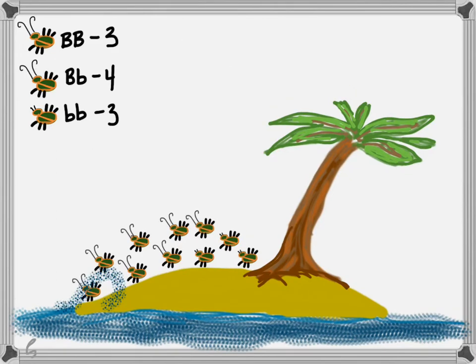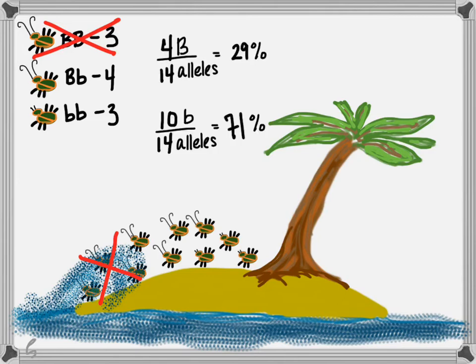If suddenly all 3 big B big B individuals are struck by lightning or drowned by a freak wave or some other kind of random disaster, we suddenly go from a 50% frequency of the big B allele to a 29% frequency, just due to random chance.